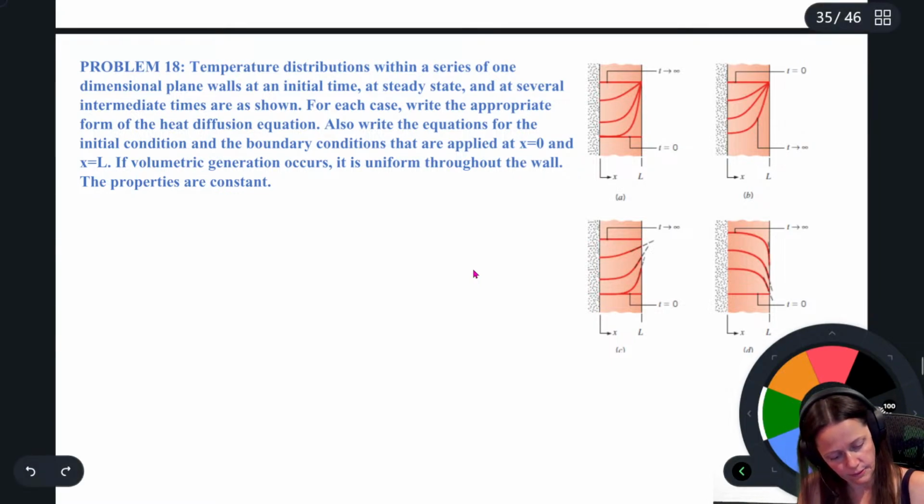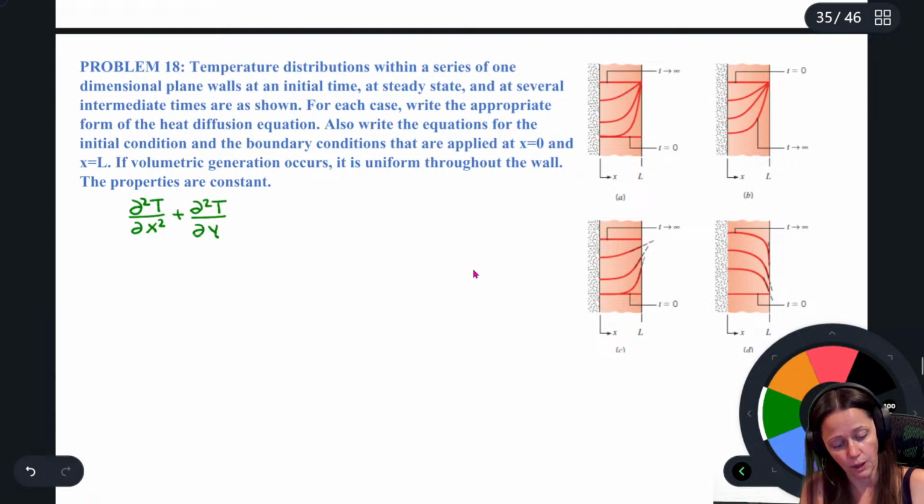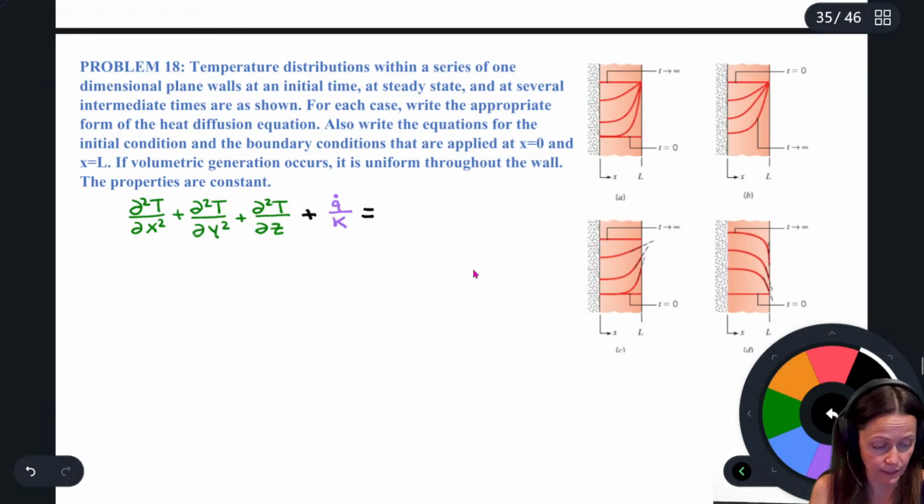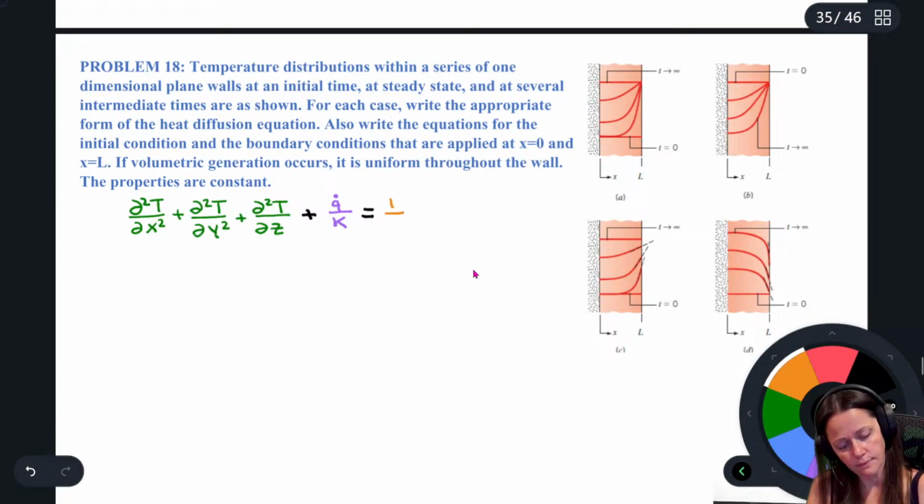So I have the second partial derivative with respect to x, with respect to y, and with respect to z, plus the generation term, if we have any. All right.